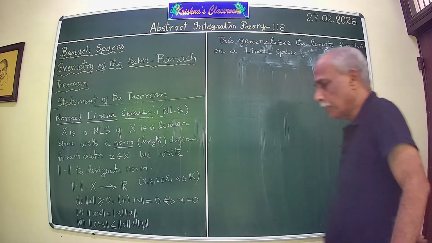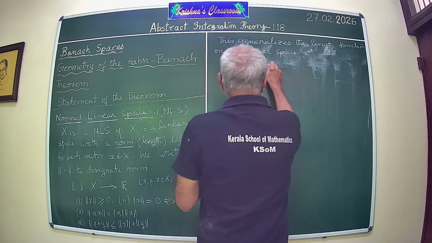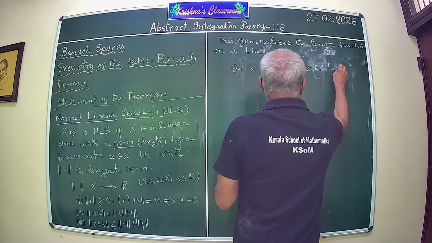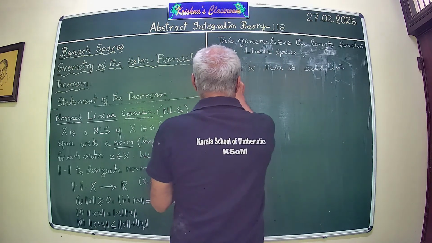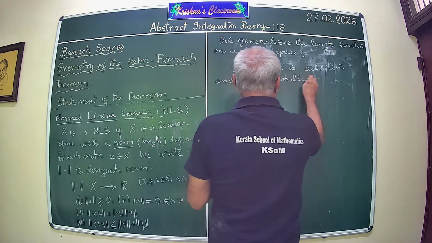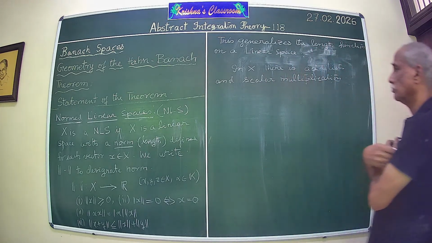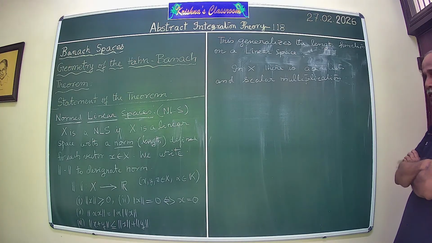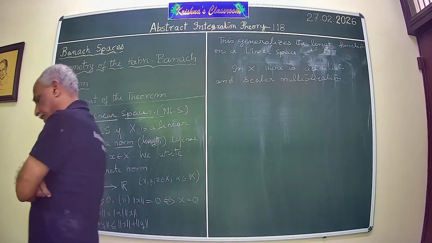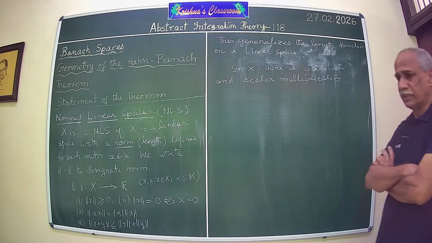Because in linear space operations, what are the operations? In x, there is addition and scalar multiplication. So that is basically, there are two operations, namely you can add vectors to get another vector. You can take a vector, take a scalar, take their product, and to get another vector of the space.